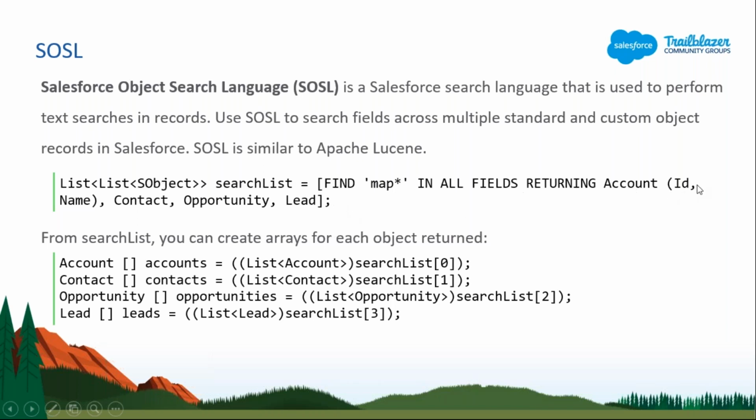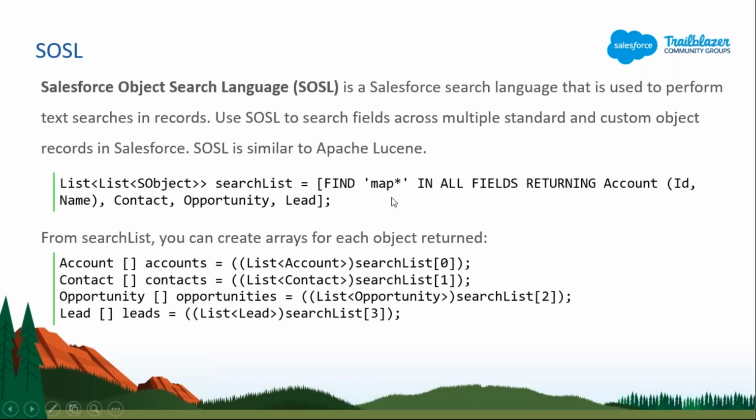If you want a specific field, like name only, then you can give that name or ID. And if you don't want to specify any field, you can simply use the name of the object, as written here for contact, opportunity and lead, and it will return all the fields which have this map as a start.